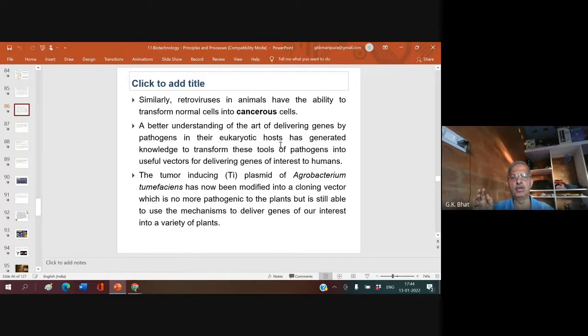So that particular tumor-inducing plasmid is no more pathogenic to plants, but we are using it to deliver genes of our interest into a variety of plants.